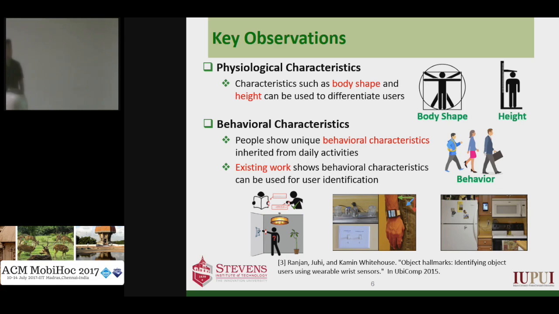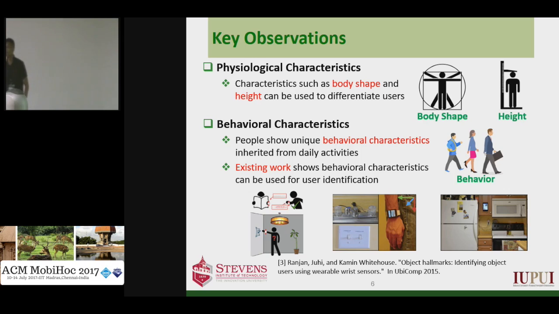Second, we found that the behavior characteristics embedded in the daily activities people perform can also be used to distinguish different people, because even when people perform exactly the same activity, they can perform it in different ways. This observation has been validated in an existing work published in 2015 at UbiComp.